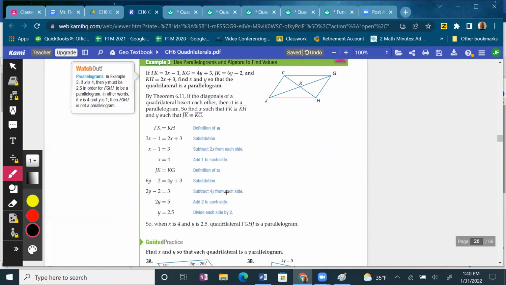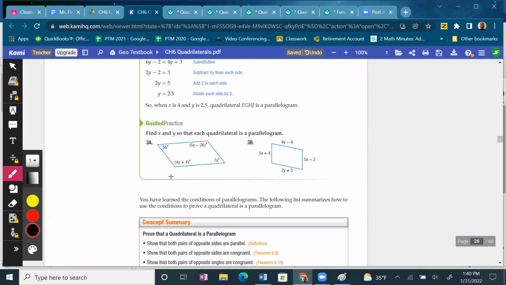So that was that. Now here, if the quadrilateral is going to be a parallelogram in 3A, then the opposite angles have to be congruent. And if the opposite angles have to be congruent, then we can write 56 has to equal 7x, and also 5y minus 26 has to equal 4y plus 4.